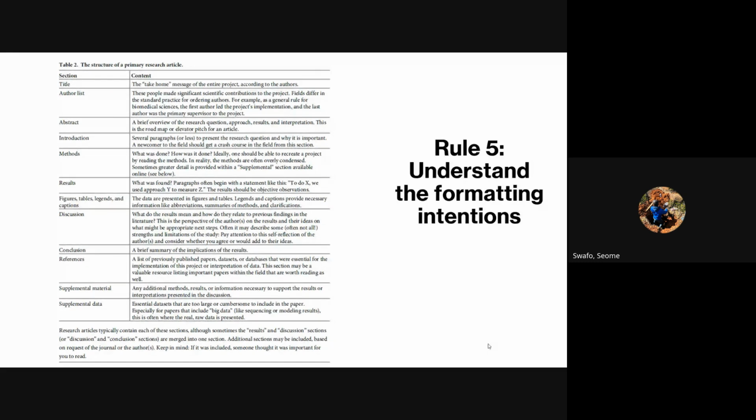You don't just read as a plain person. You need to know what you are hoping to find in the discussion section: what do the results mean, and how do they relate to previous findings in the literature?